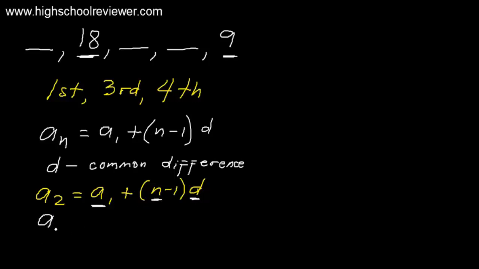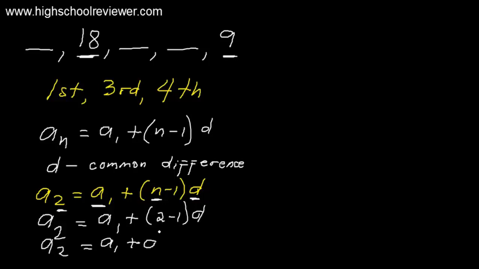So a sub 2 will be equal to a sub 1 plus 2 minus 1 multiplied by d. 2 minus 1 is 1, and 1 multiplied by d is positive d. Let us call this our equation 1.